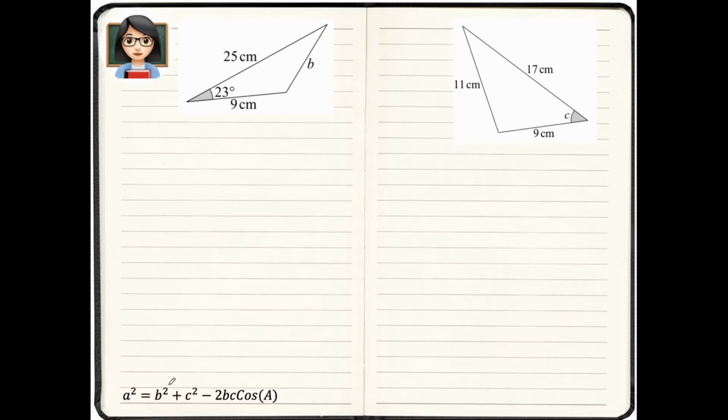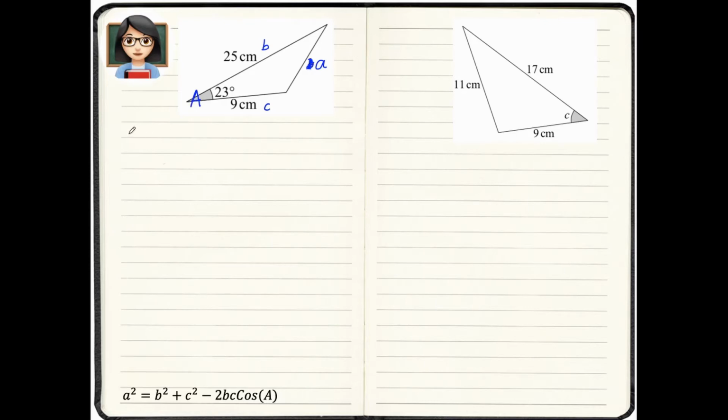You could change the letters in the formula around, so substitute them for different things because we want to find letter B, or what you could do is a little bit of creativity and make sure that that's A. Okay, so that would make that angle A, and then B and C, we don't really mind which way around those go. I think that's by far the easiest way to do it, is just put your own labels on there, because then you can use the formula as you've been planning to use it. Just make sure that you've got entirely your own labels and then you're subbing them in accordingly.